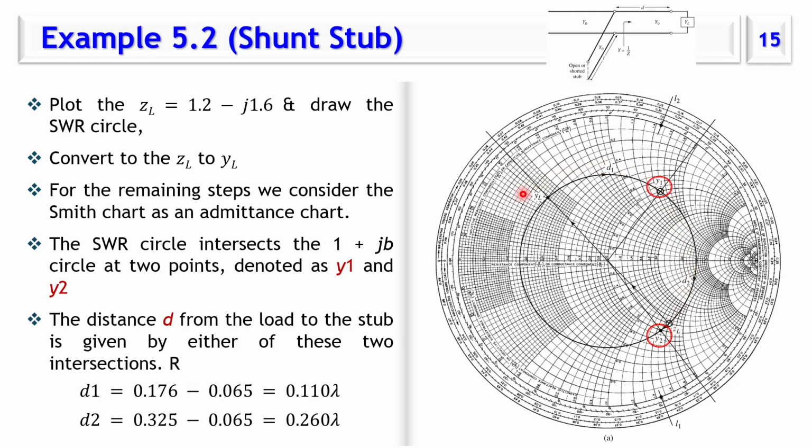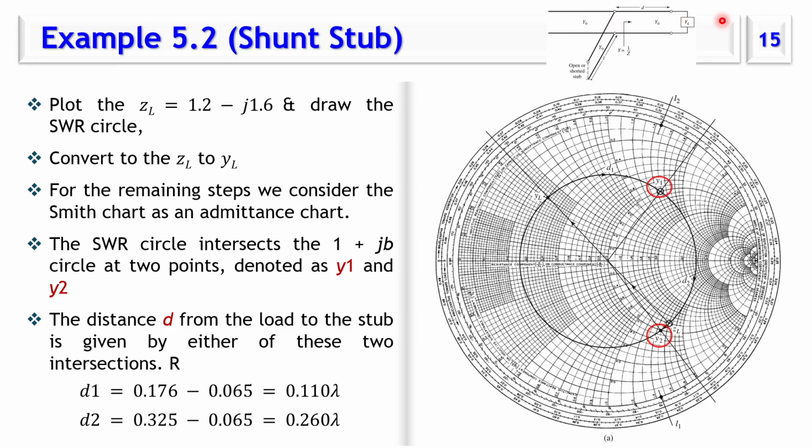We're going to draw the constant reflection coefficient circle. On the transmission line here, for this section, any point here is equivalent to a point on this constant reflection coefficient circle. So we are here, and we are moving in this direction, towards the generator.